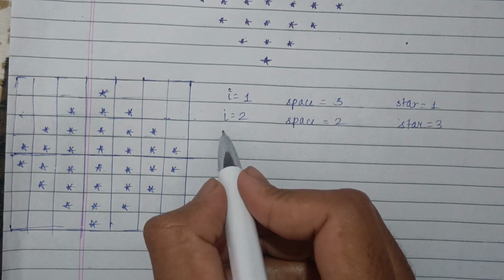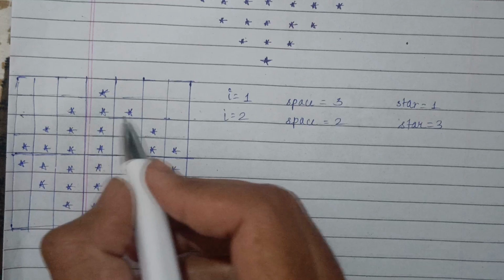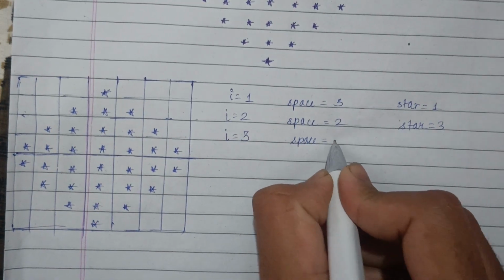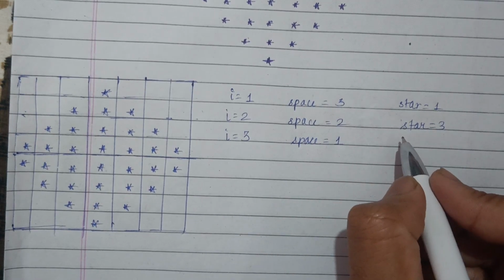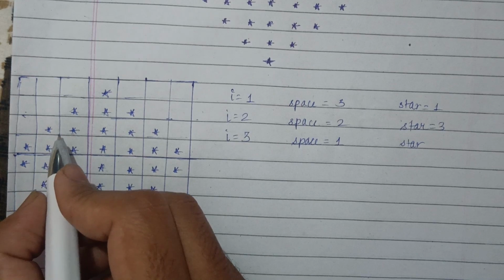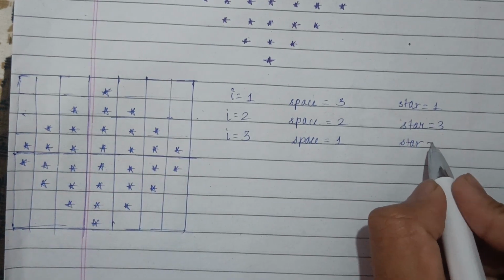Now in line 3 there is one space, and how many stars are there? 1, 2, 3, 4, 5. 5 stars are there.